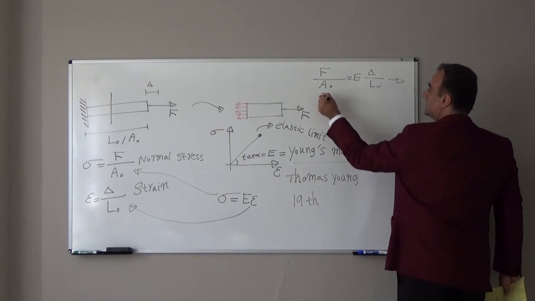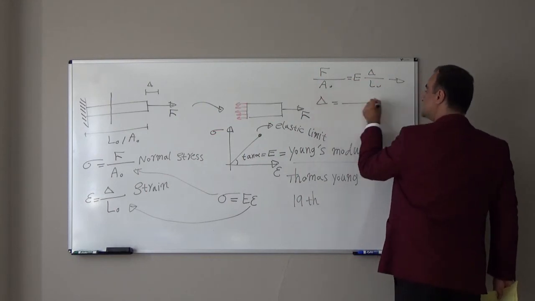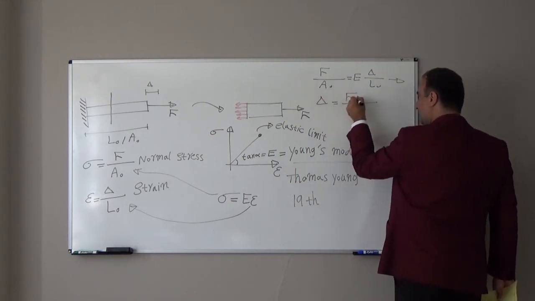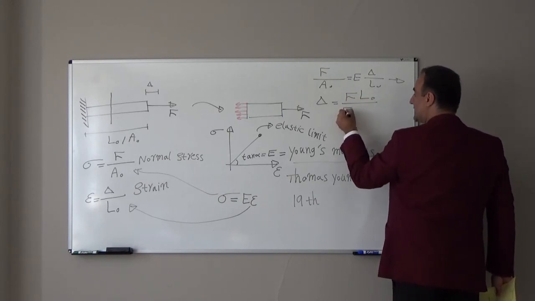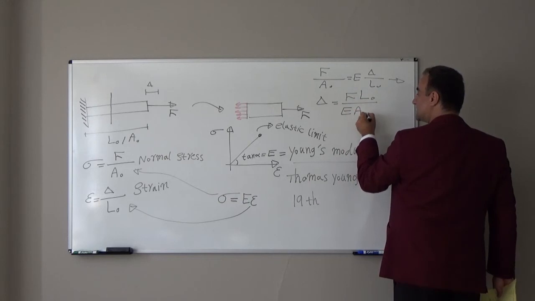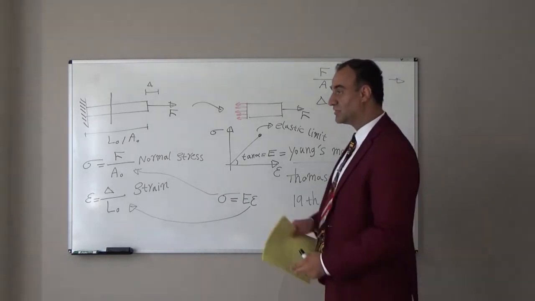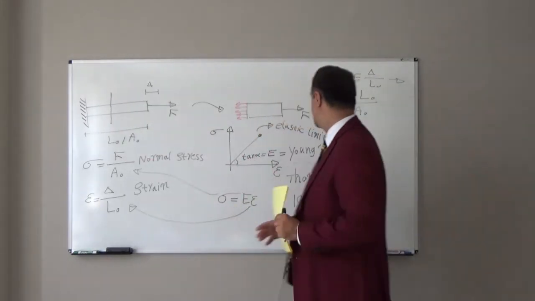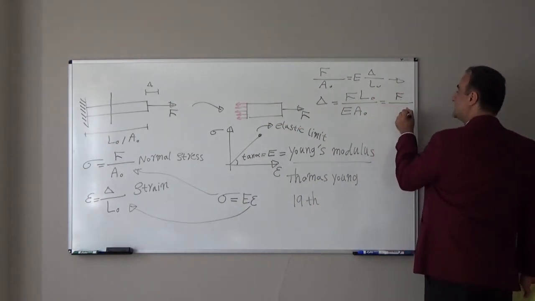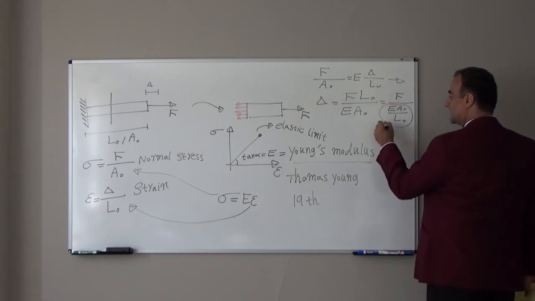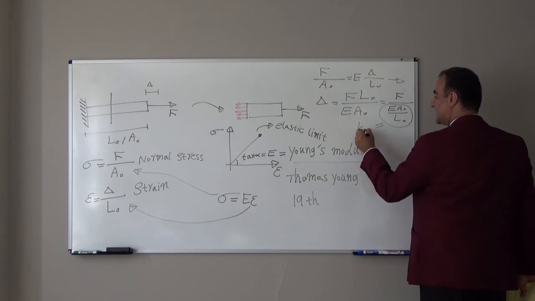From here, deformation delta is equal to external force times the initial length divided by Young modulus times cross-sectional area perpendicular to this bar. I can write this as F divided by E A naught over L naught. This term I can show with K and this A.